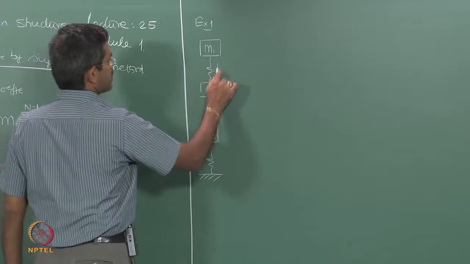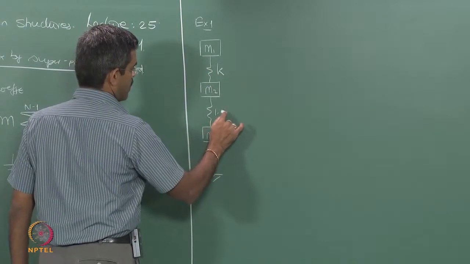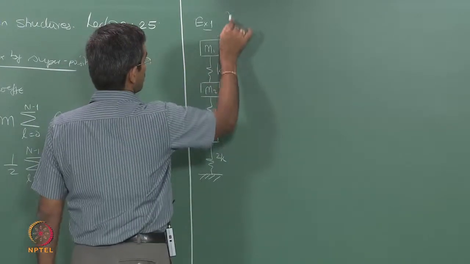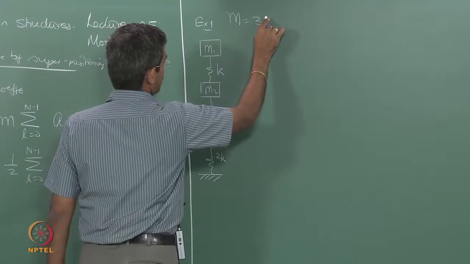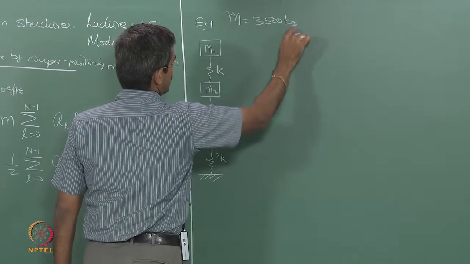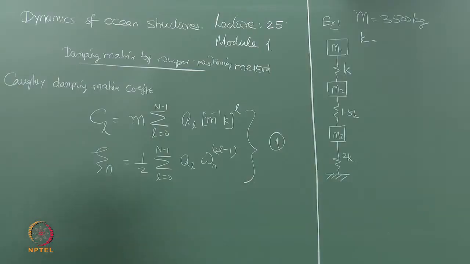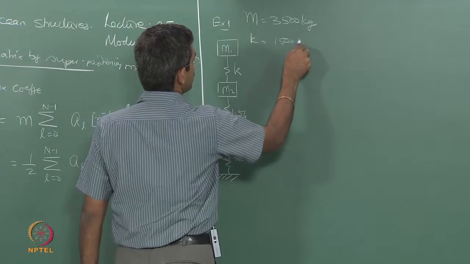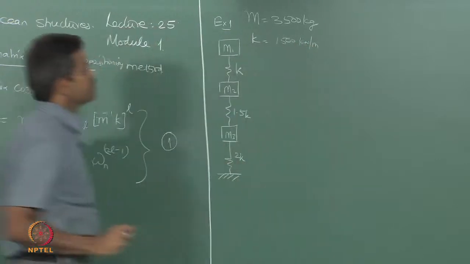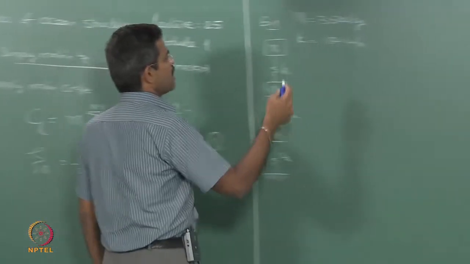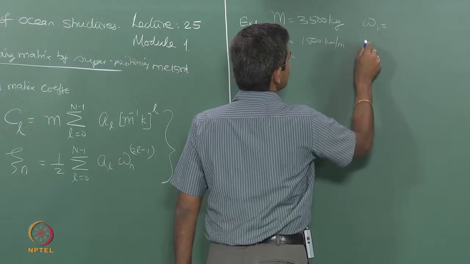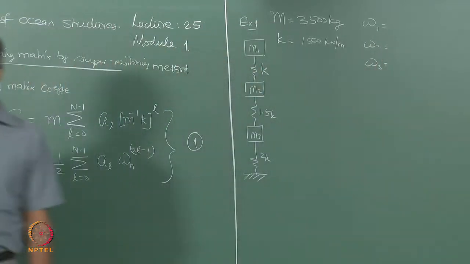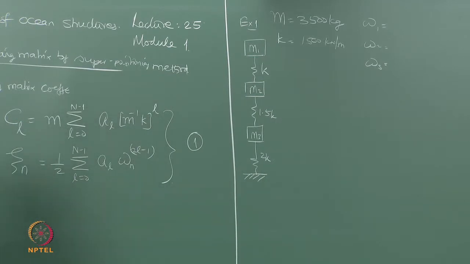So, this was taken as K, this was 1.5 K, this was 2 K, and in this problem M was given as 3500 kg and K was given as 1500 kilonewton per meter. We already have the omega values with us, which we computed, or you must have computed from different methods.